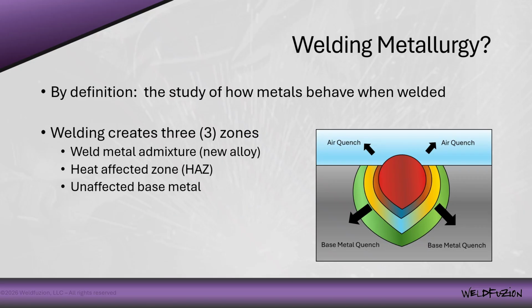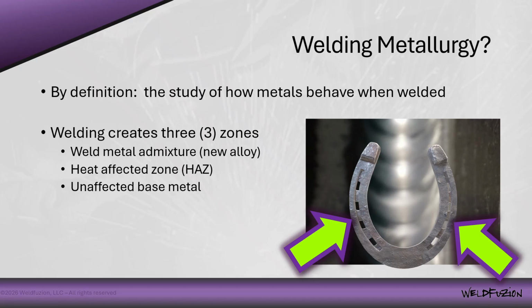As the arc travels or ends, the weld immediately begins to solidify from the outside edges toward the middle of the weld pool. Solidification occurs from the outside because the heat is being conducted away through the surrounding base metal, that's not as hot, and through any fixturing, tables, clamps, or anything else that's in contact with the metal.